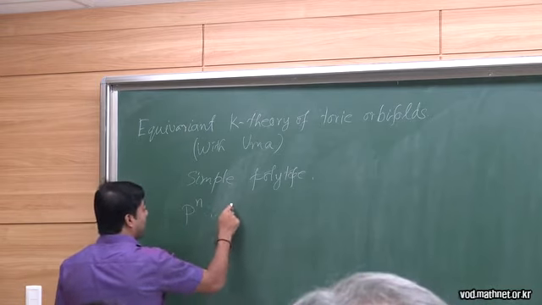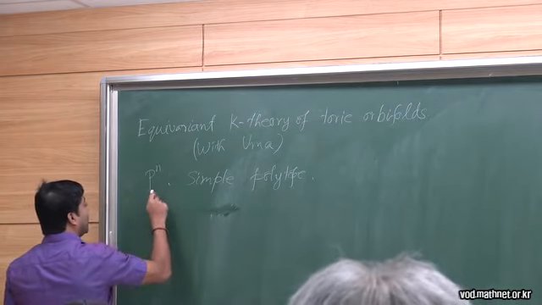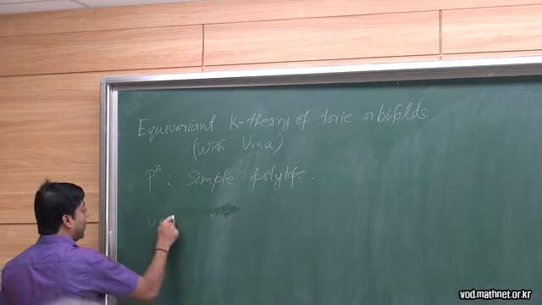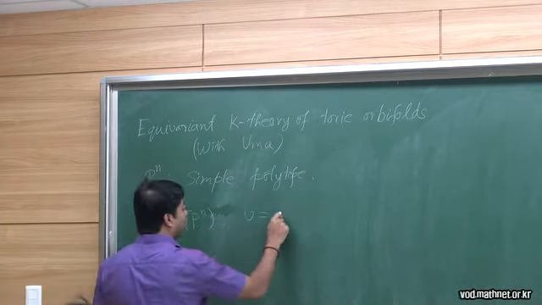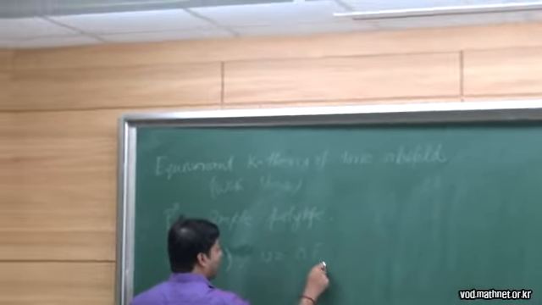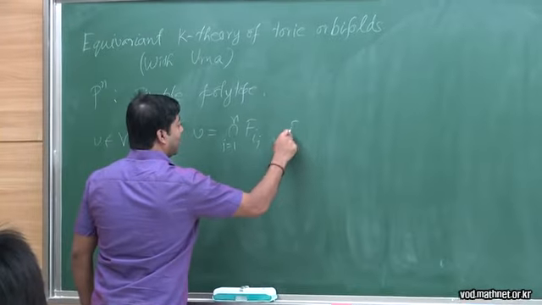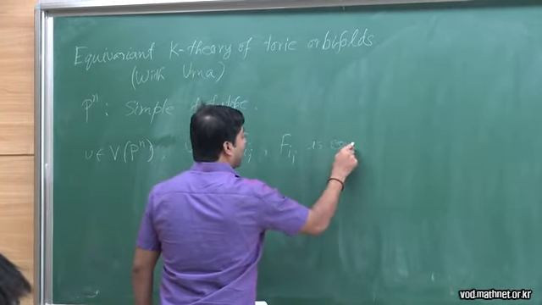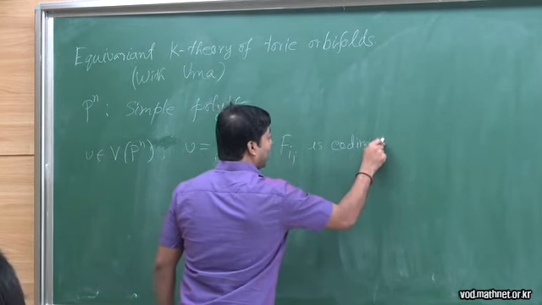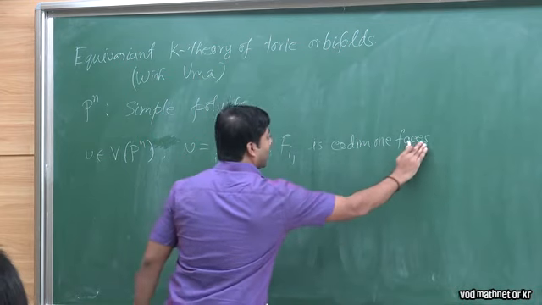This is simple, so I can just say Pn is simple if, for V a vertex of Pn, V equals the intersection of Fi, j equal to 1 to n, where Fij are codimension 1 faces.